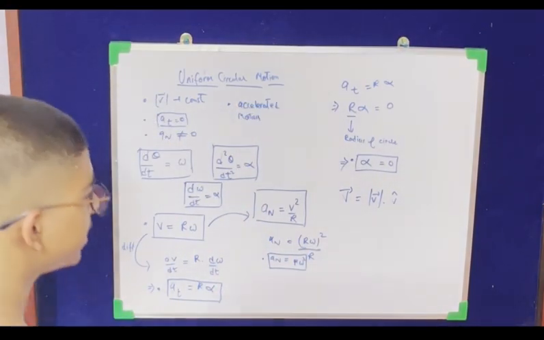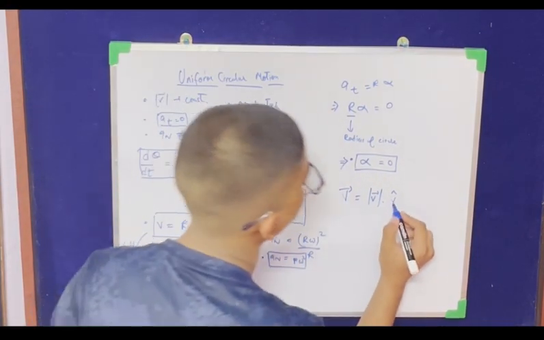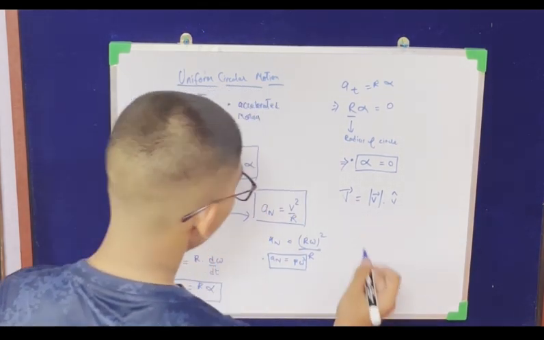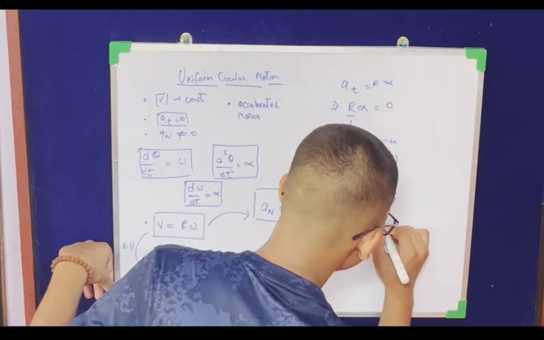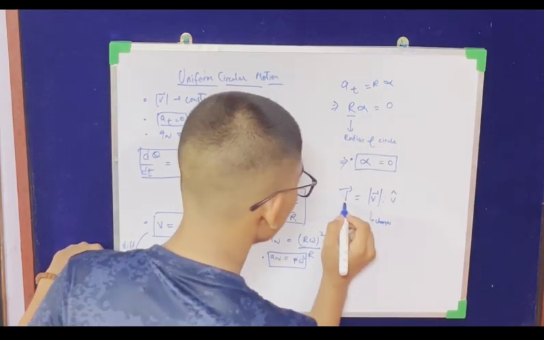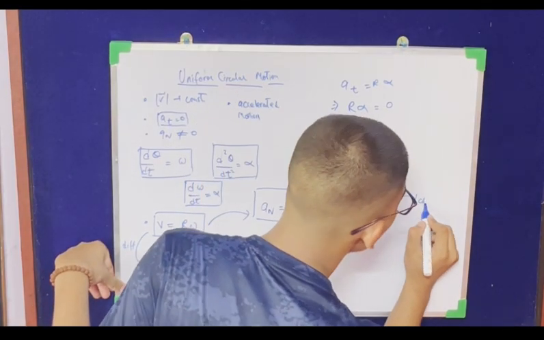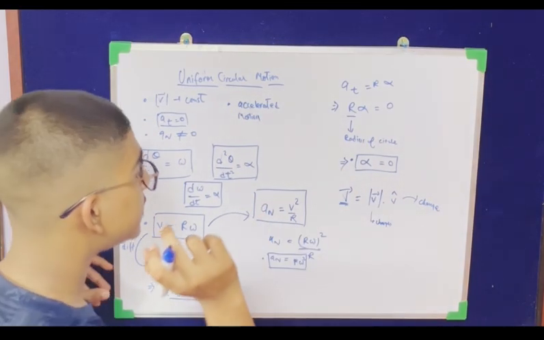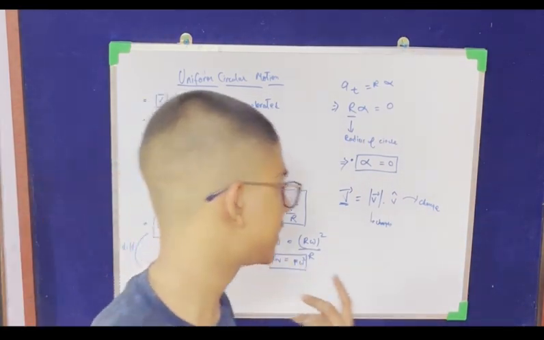We are representing it by a unit vector, which is v cap. If either of these changes, the velocity will change, and change in velocity will give us acceleration.